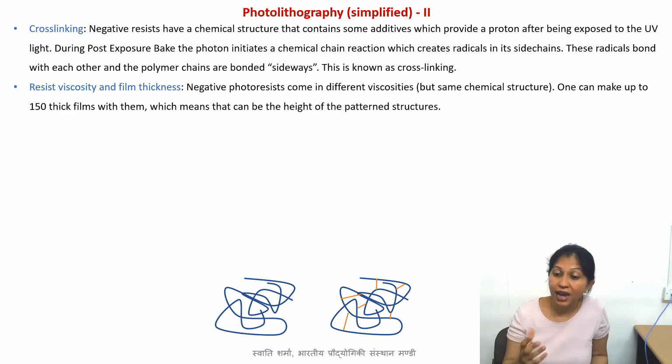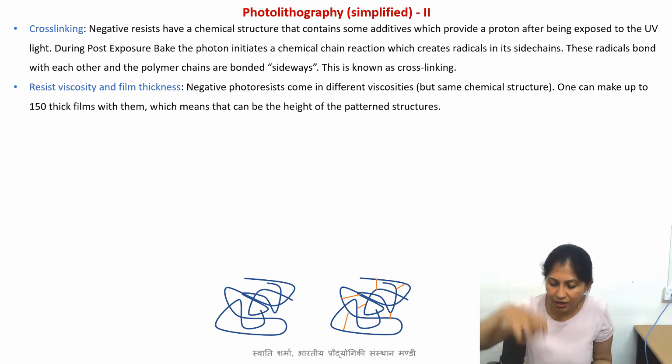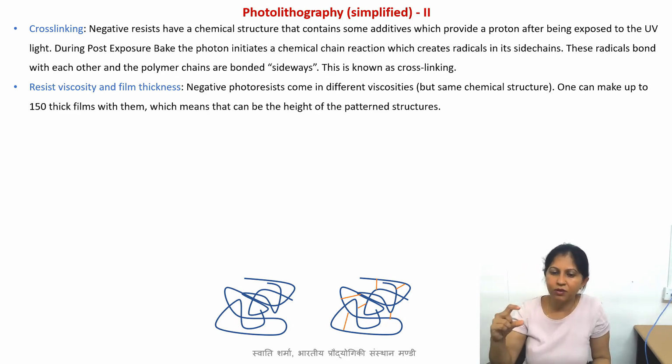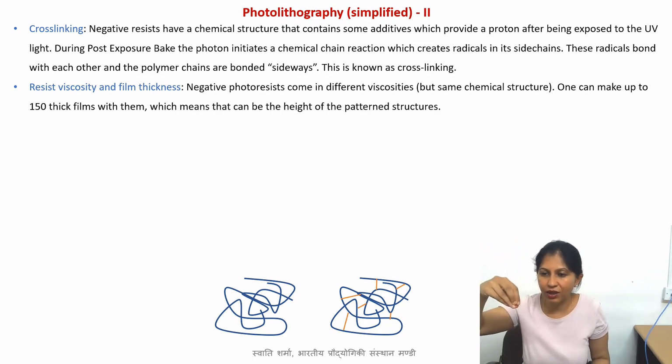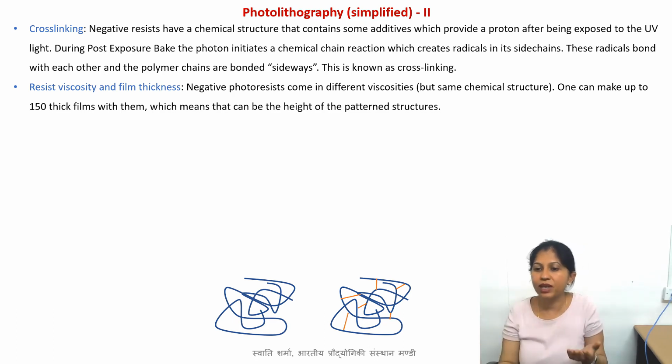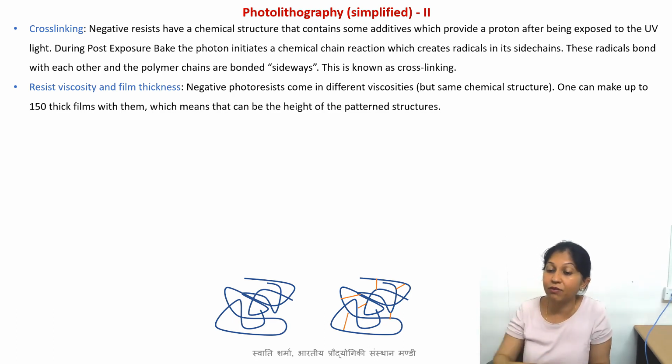However, at some point you will not be able to cross-link it with the UV light all the way through. Up to 150 micrometer films you can still work with, but when the films get thicker, the UV light will get diffracted and will not reach all the way to the bottom of your structure. So there is a balance. You cannot make very high structures using this photolithography process.